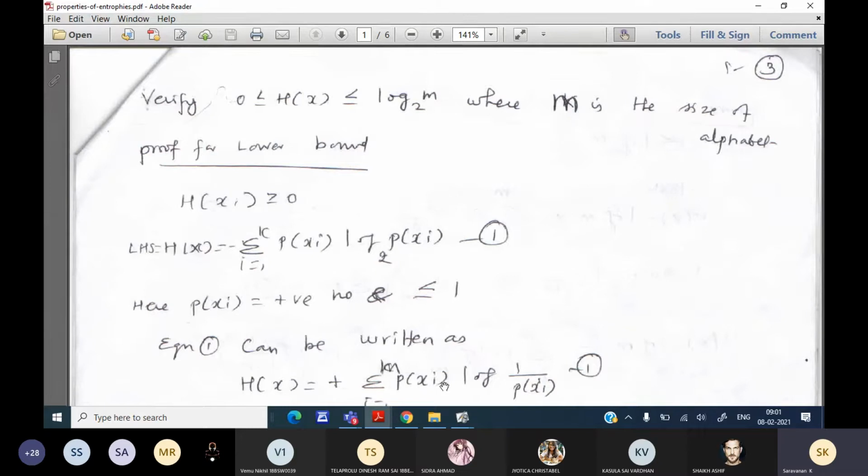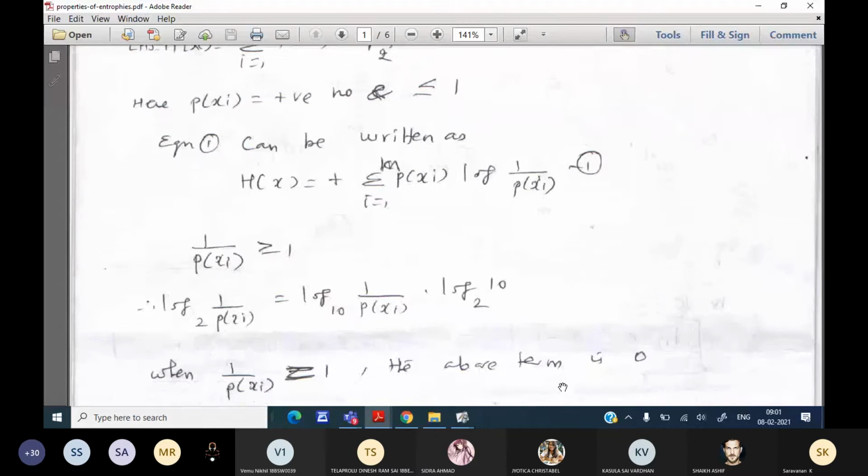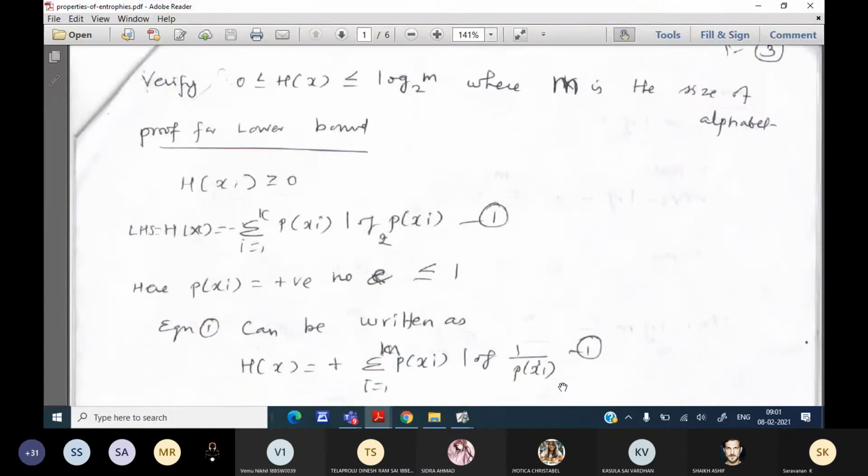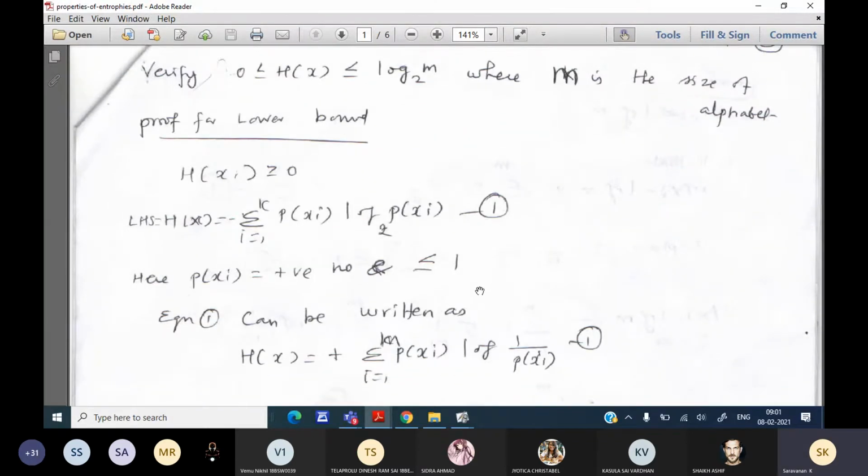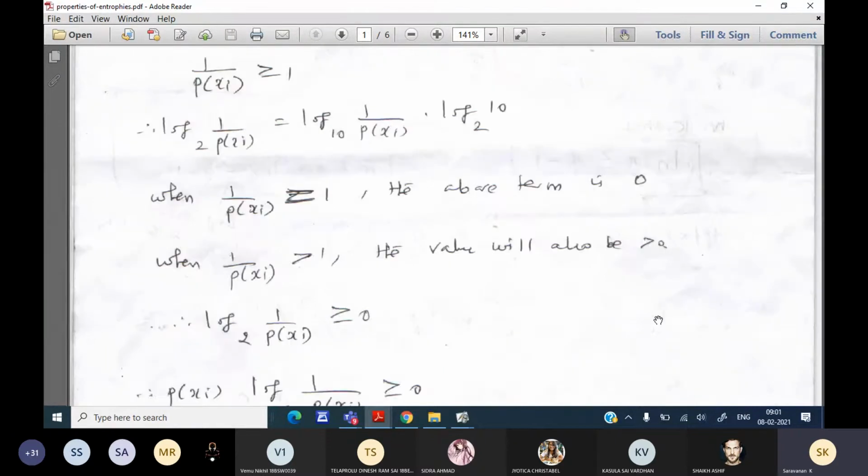So when you write H of X, we get this expression. This is the general expression again for H of X. Because p of xi is between 0 and 1, 1 by p of xi is going to be greater than 1. So log 1 by p of xi base 2 can be written as log 1 by p of xi base 10 into log 10 base 2.